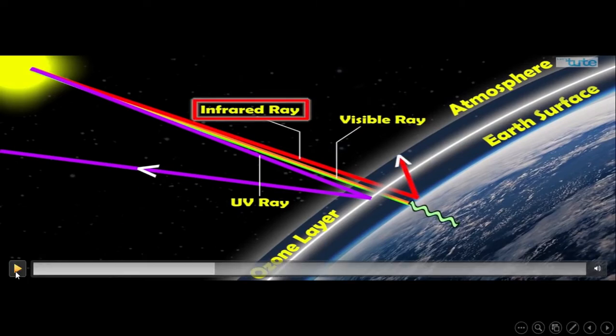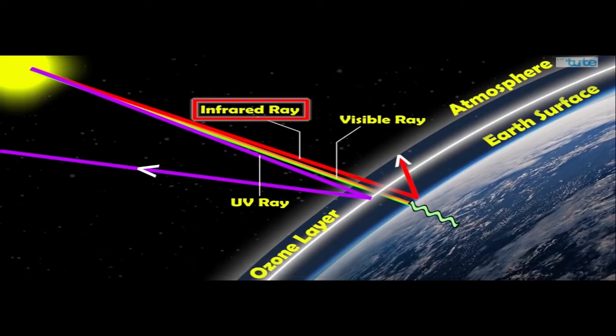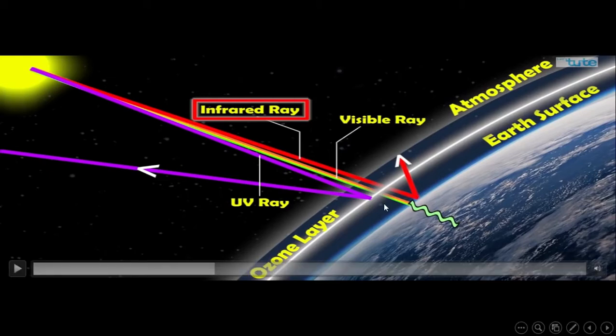Okay, until this part of the video, you can see here that the sun emits many rays. One of them is sunlight. Sunlight is a benefit for us for heat and light, and there is ultraviolet radiation, infrared and other rays. The sunlight can pass to the surface of Earth. A small amount of the infrared can pass.